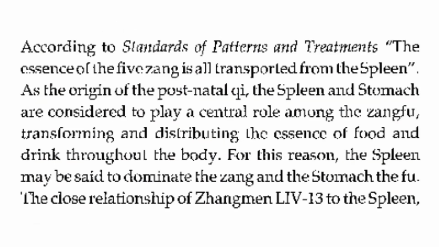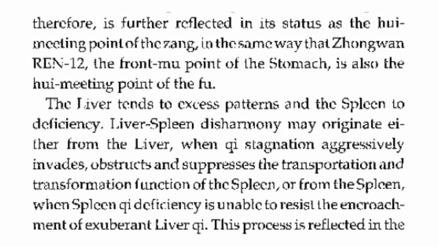According to the Standards of Patterns and Treatment, the essence of the five zang is all transported from the spleen. As the origin of the postnatal qi, the spleen and stomach are considered to play a central role among the zangfu, transforming and distributing the essence of food and drink throughout the body. For this reason, the spleen may be said to dominate the zang and the stomach the fu.